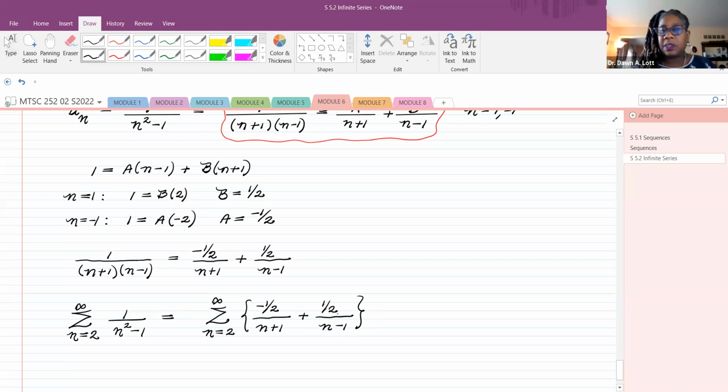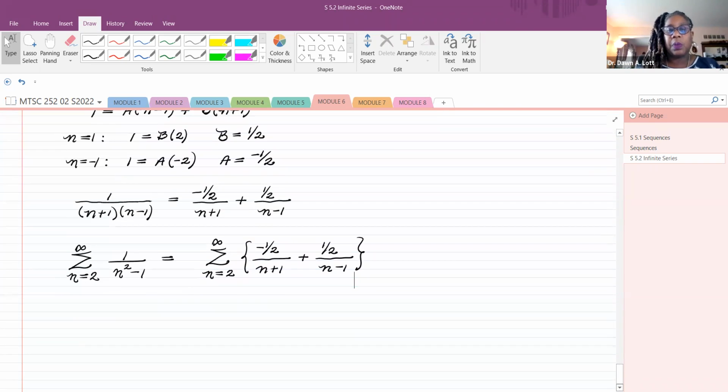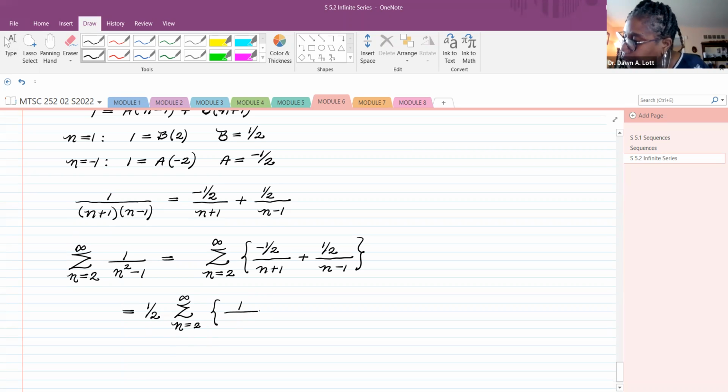Now we can write this several different ways. I'm going to factor out the 1/2. And I'm going to leave the sum from n equals 2 to infinity. And I'm going to write it as 1 over n minus 1 minus 1 over n plus 1. Okay, any questions?